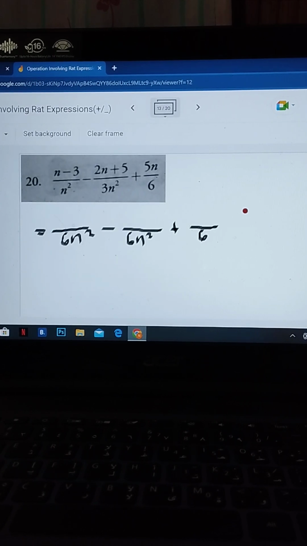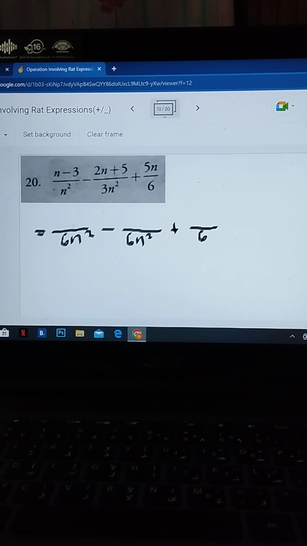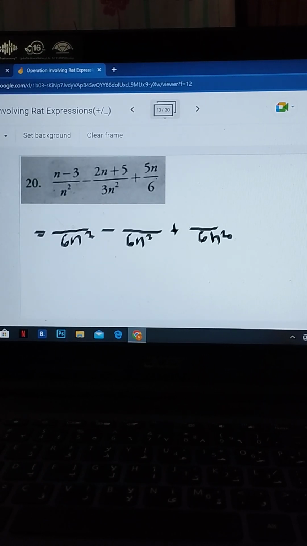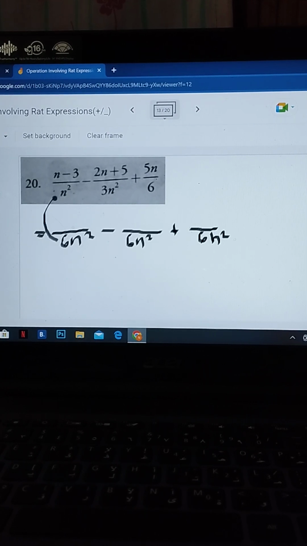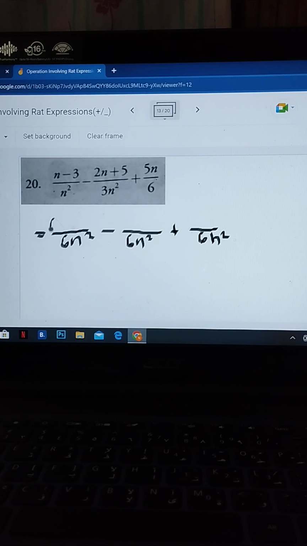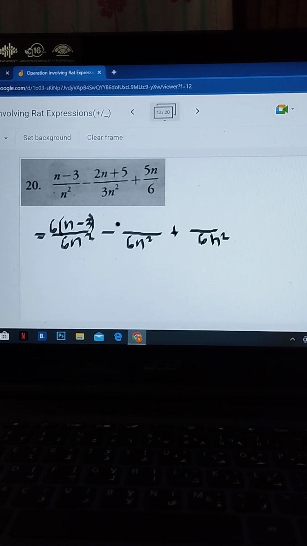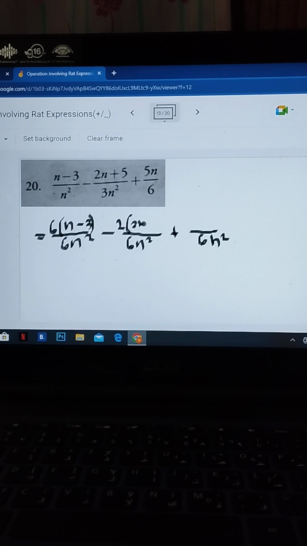So number 19, the LCD is 6n squared. So 6n squared divided by n squared is 6. 6 times, so you need to apply distributive here, n minus 3. 6n squared divided by 3n squared is equal to 2 times 2n plus 5.